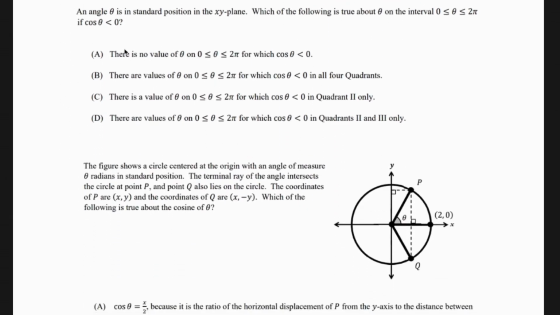An angle theta is in standard position in the xy plane. Which of the following is true about theta on the interval between 0 and 2 pi if cosine is less than 0? All right, so we're talking about an angle on a unit circle.